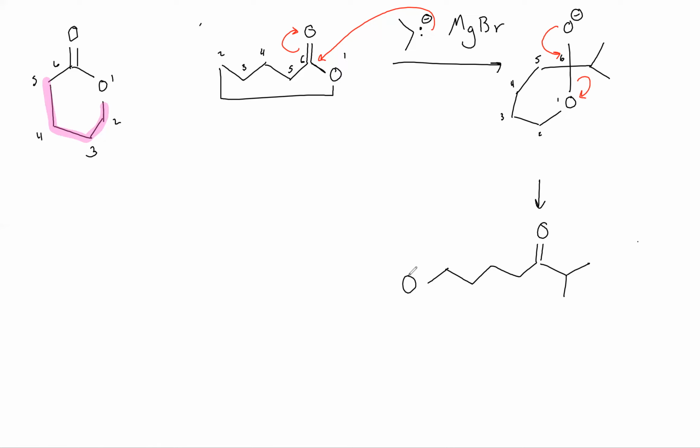We can see here that essentially what we did is we replaced this oxygen here. We cut off this bond and replaced it with this bond right here to the isopropyl group. That swings the oxygen over to this side right here, and we end up with 1, 2, 3, 4, 5, 6.